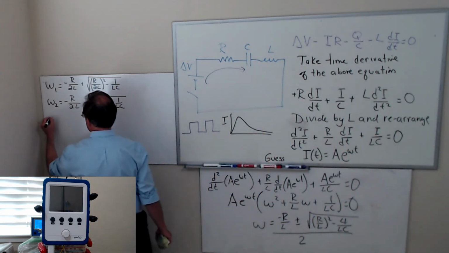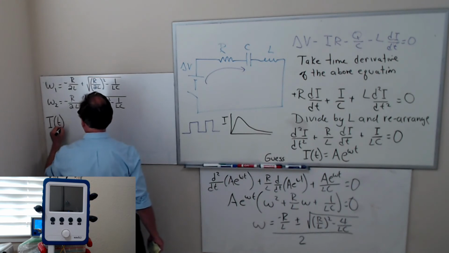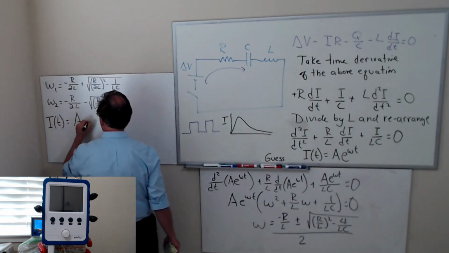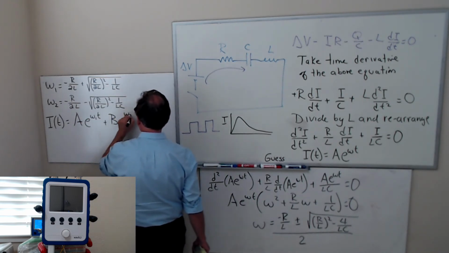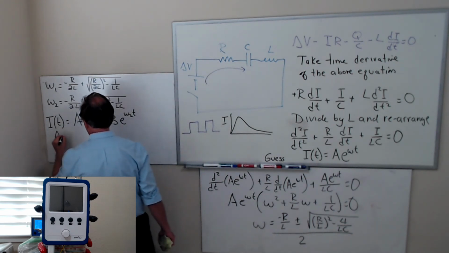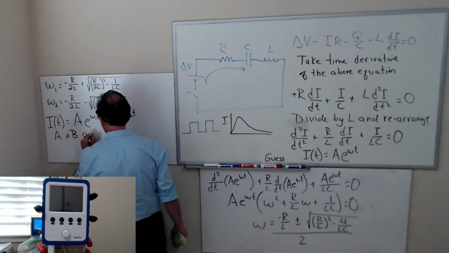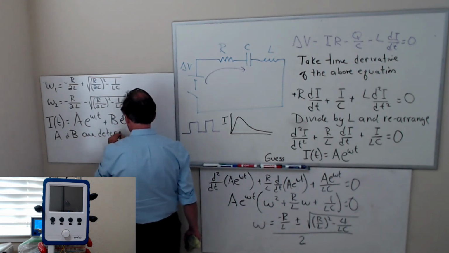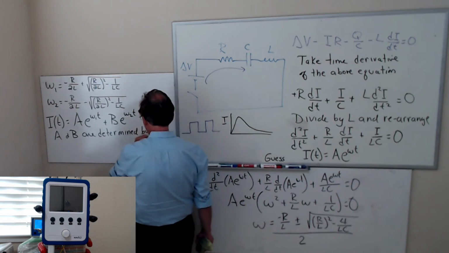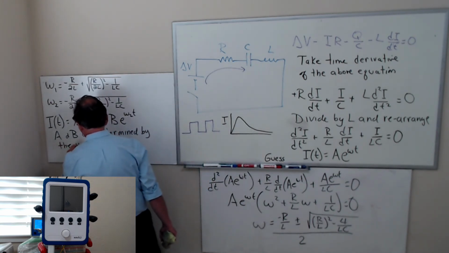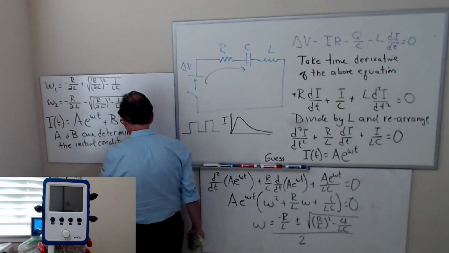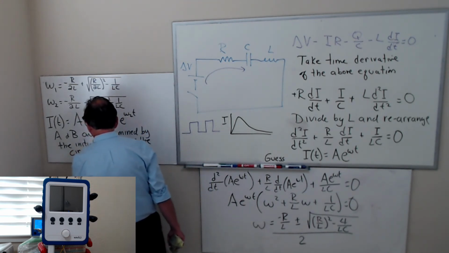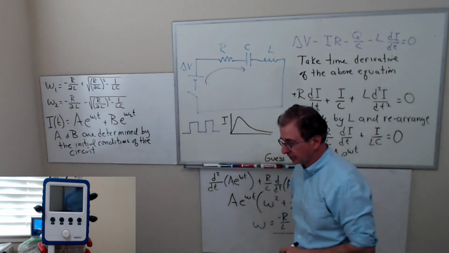So I really should write it like this, where A and B are determined by the initial conditions of the circuit. Okay, A and B are determined by the initial conditions of the circuit.